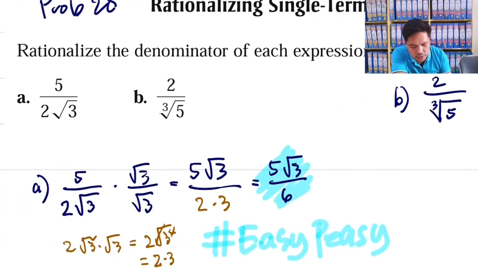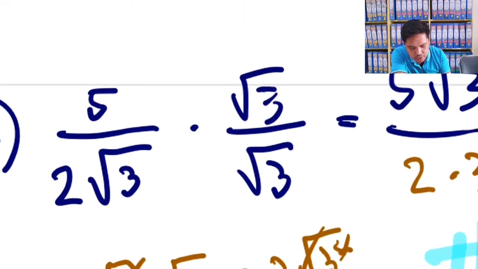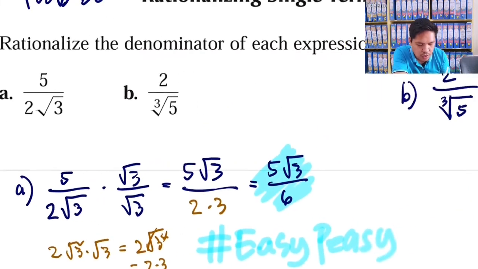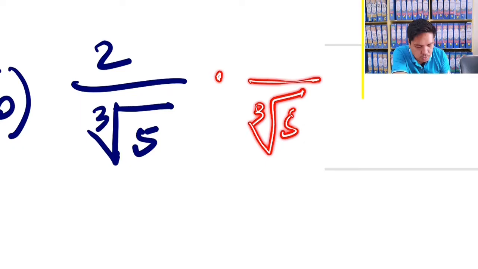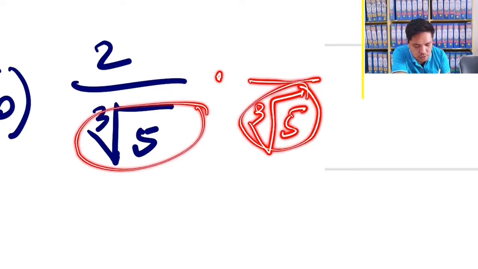We cannot say na, dito kasi nag-multiply lang tayo ng square root of 3. So, baka ganun din. If we do that, if we multiply the denominator by cube root of 5, the result is still a radical. Radical pa rin yung result. Bakit?